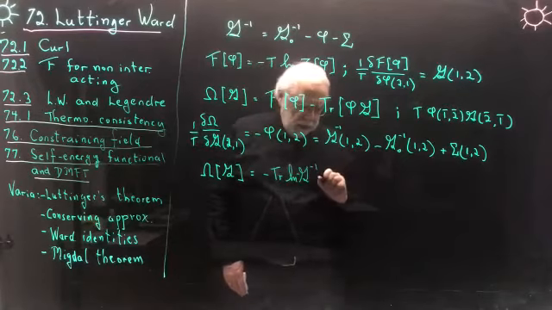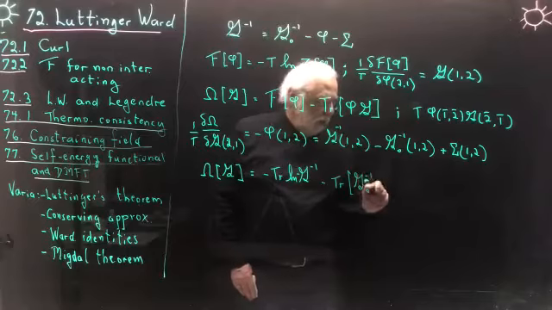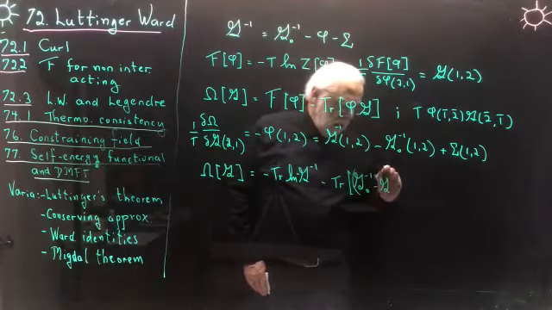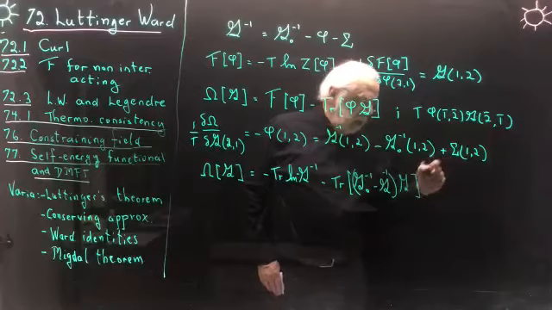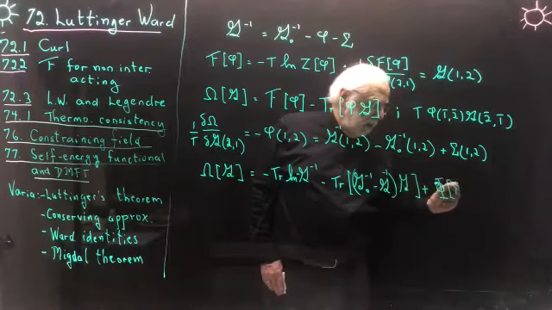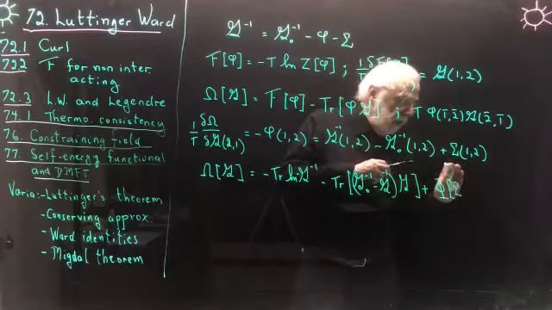And this is minus trace of G0 minus 1 minus G minus 1 times G. And here is plus phi of G. I'm sorry, that's a phi of G.